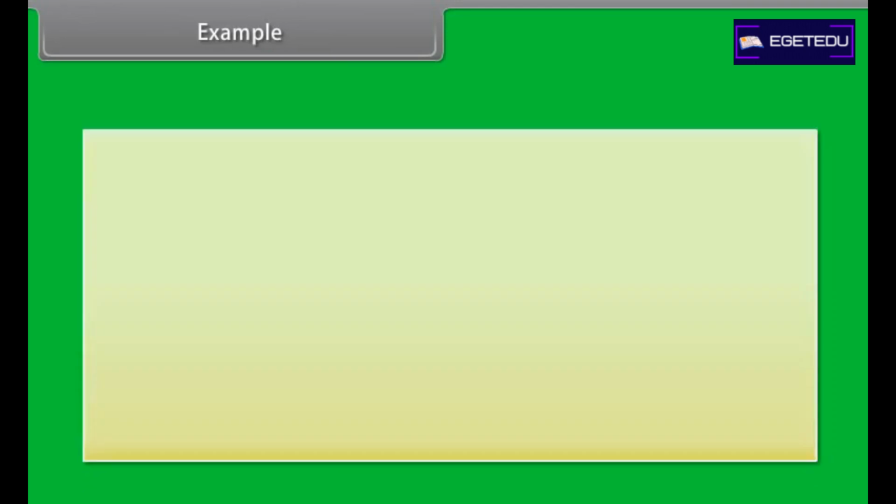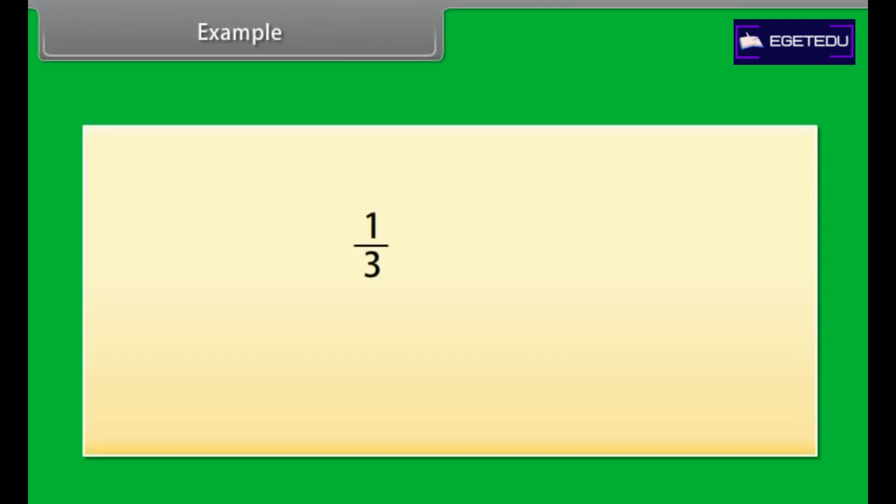Example. Let us now have a look at one example. 1 by 3 is a rational number. The decimal expansion of 1 by 3 is 0.3333 and so on. And we can see that 3 is repeating here. We write it as 0.3 bar. Let's take another example.